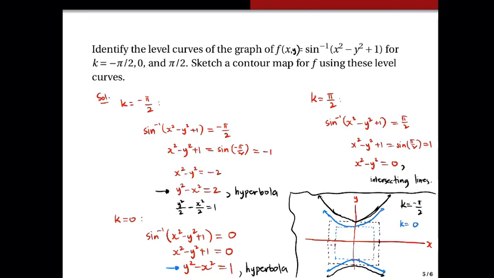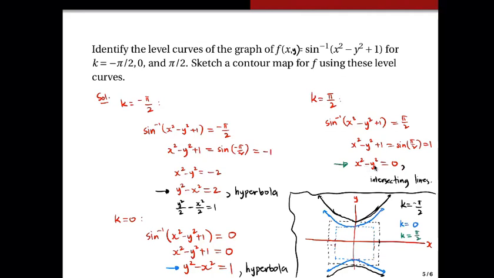And then maybe let me use green for these two, for the x squared minus y squared equals 0. So in here, k equals pi over 2.